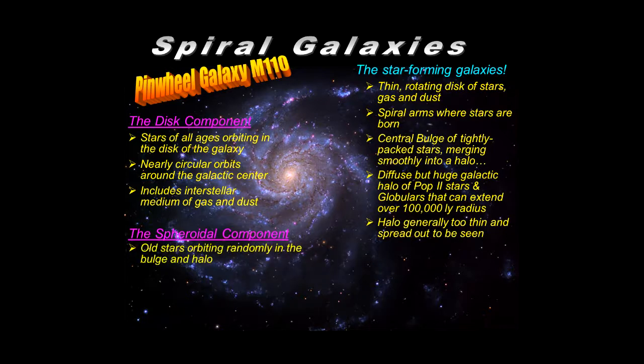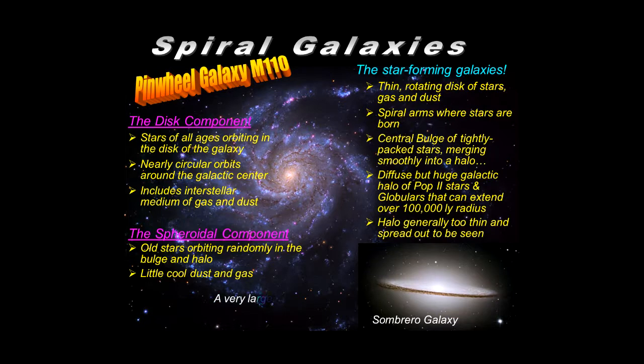Old stars with random orbits in the bulge and halo. So you got the bulge, which is easily seen here, the halo, which is not seen, but old stars orbiting those 2 regions. Very little cool dust and gas, so there's not new star formation going on. Here's a very prominent bulge galaxy in the sombrero, seen near the edge on. Pretty amazing galaxy there.